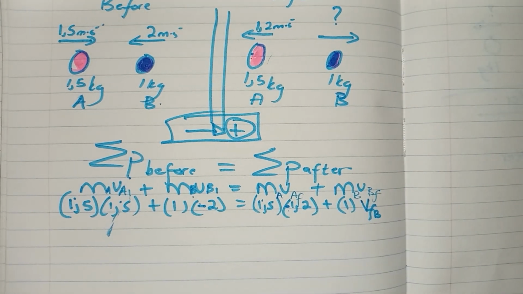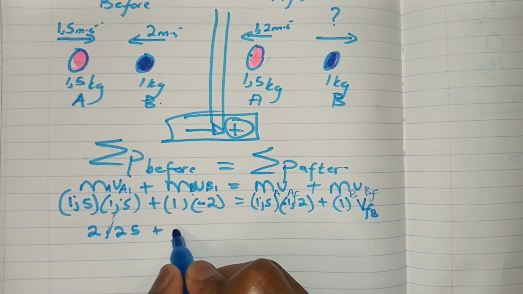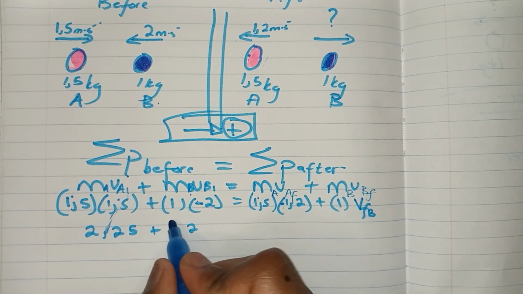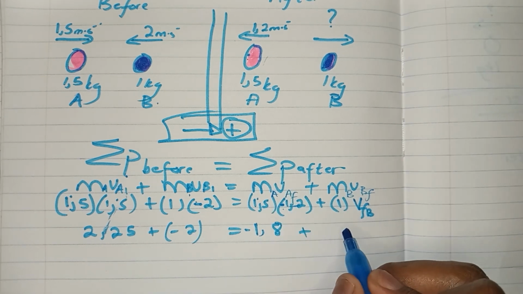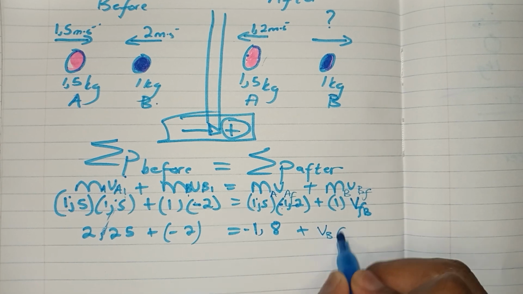Now we work things out. 2.25 plus -2 is equal to -1.8 plus the velocity of B final.